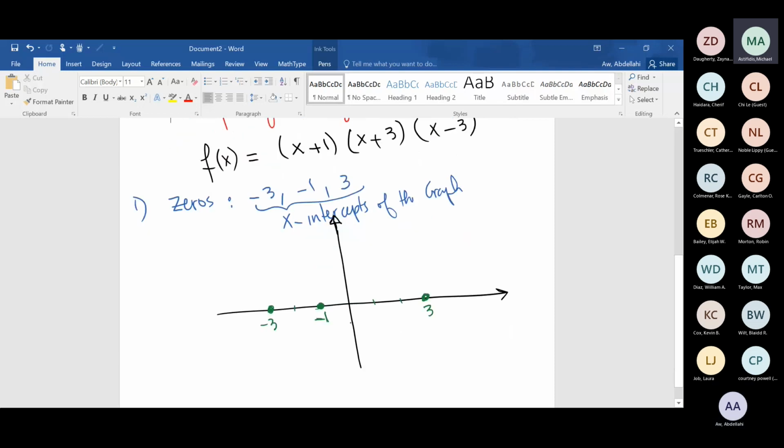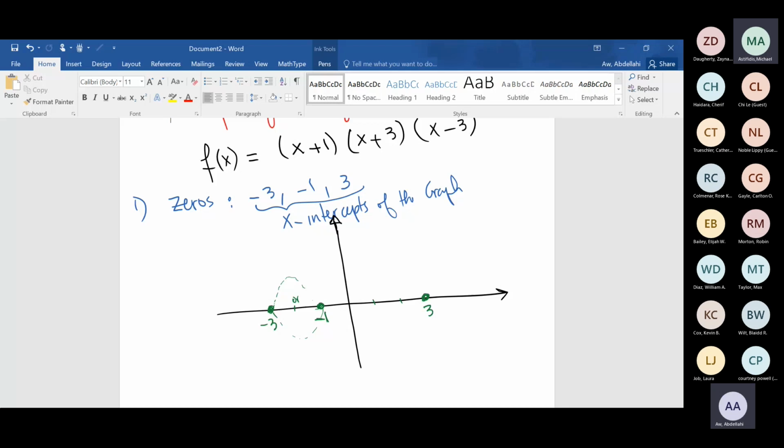Now look, from what we just said before, between these two zeros, the graph is all like this or like this. Do you agree with that? Between -3 and -1, the graph will be all above the x-axis or all under the x-axis.